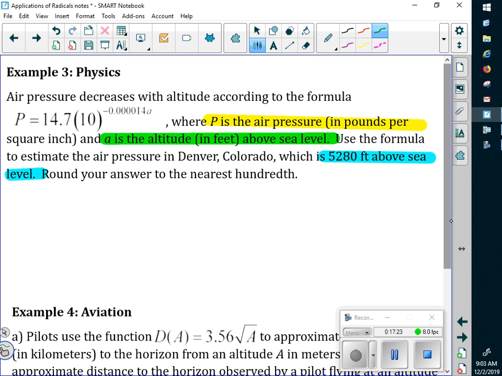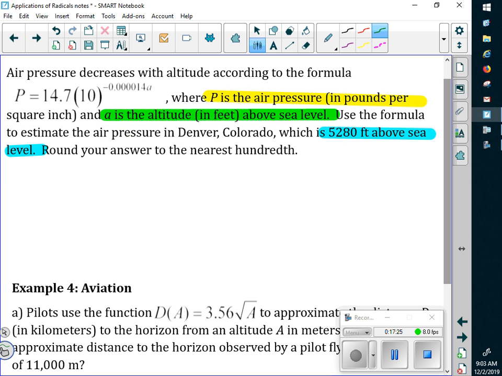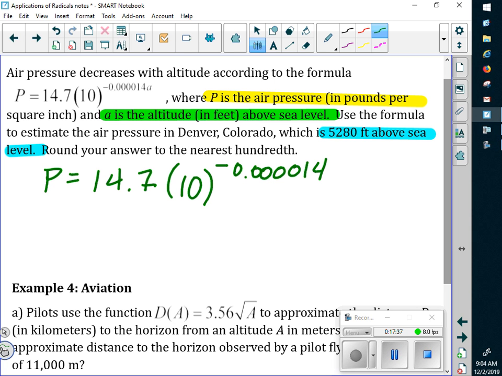Let's write our equation. 14.7 times 10 to the negative 0.0000014 times 5280. Put it in your calculator just like that. That is a lot. Just be careful, you can do it.